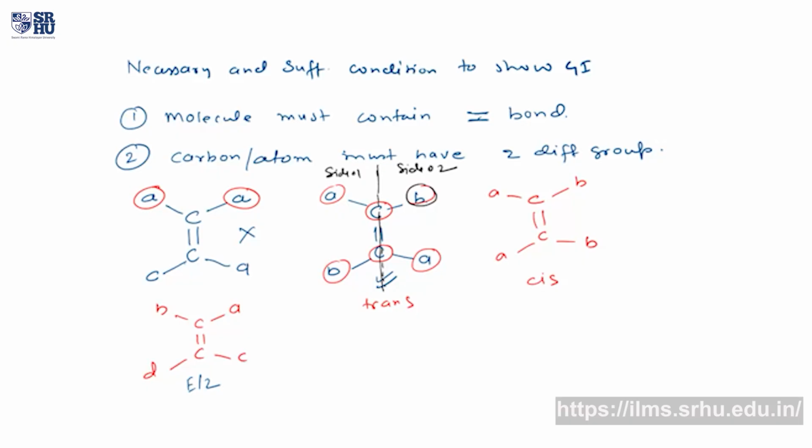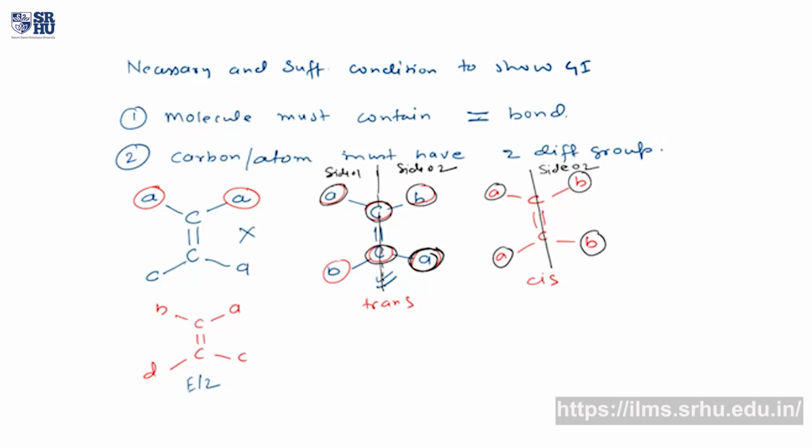If a compound is cis, both the groups on the different carbons are on the same side, only one side. For example, in this case these two groups are on side number 2, or these two groups are on side number 1. But when they are trans, one group on one carbon is on side number 1, and the identical group on the other carbon is on the other side.